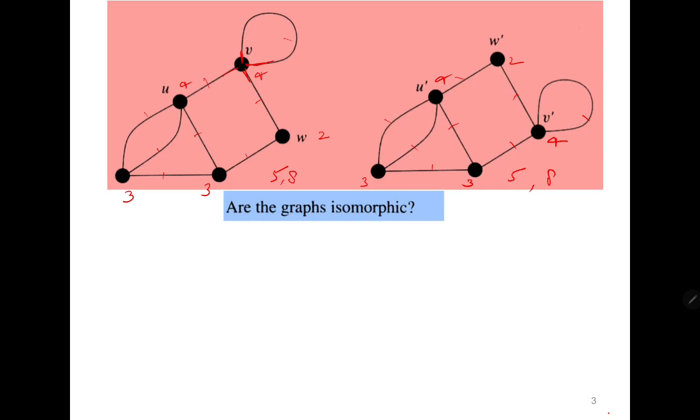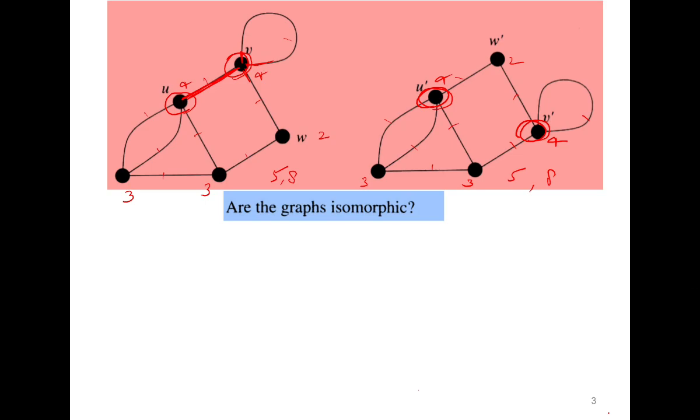Yes. Now let's see a property. This is degree 4, this is degree 4, and there is an edge between the degree 4 vertices. Here this is degree 4, this is degree 4, but there is no edge between the degree 4 vertices. That's why they are not isomorphic.